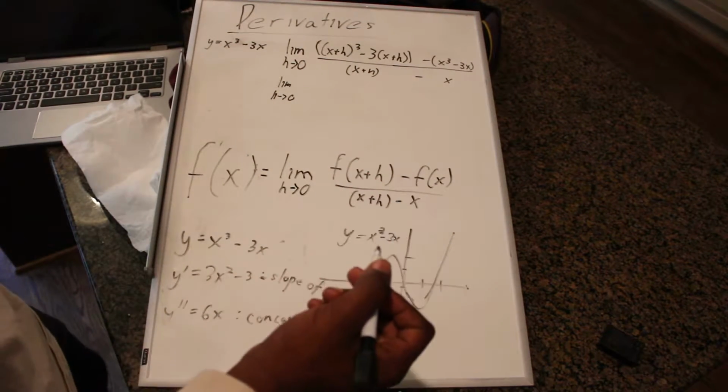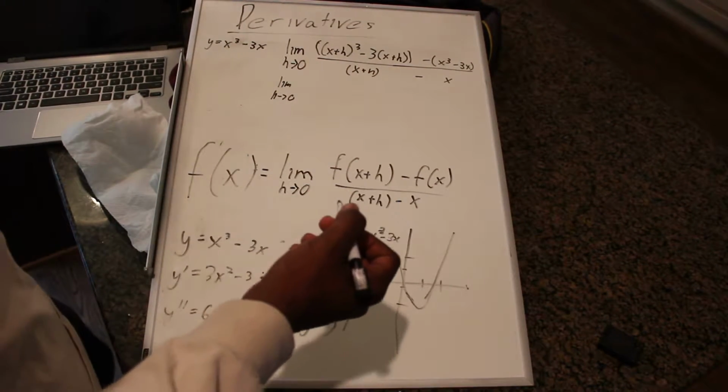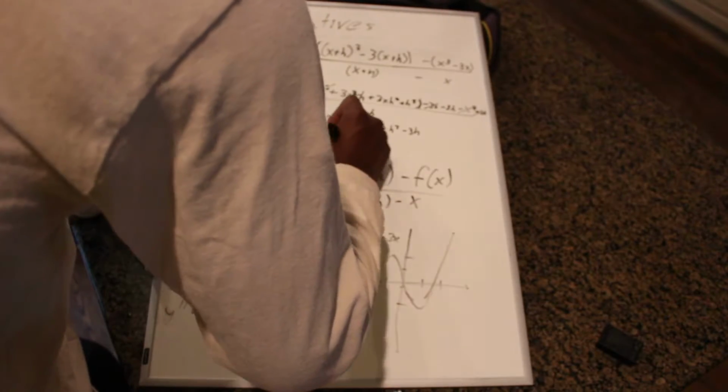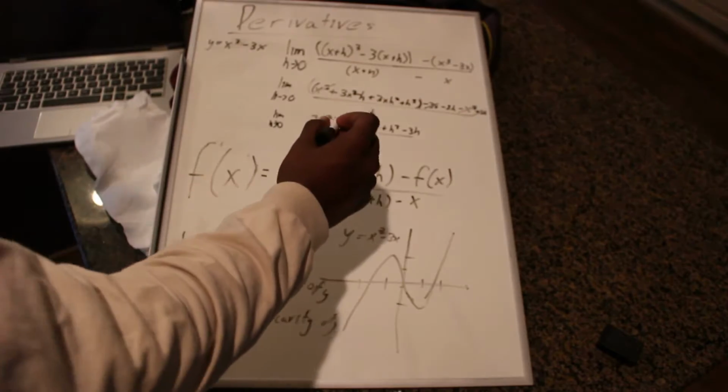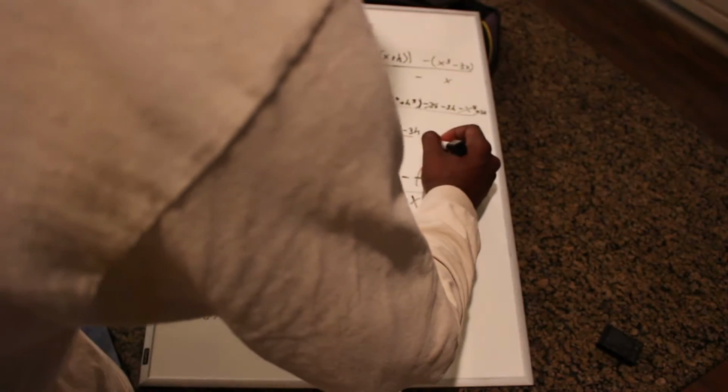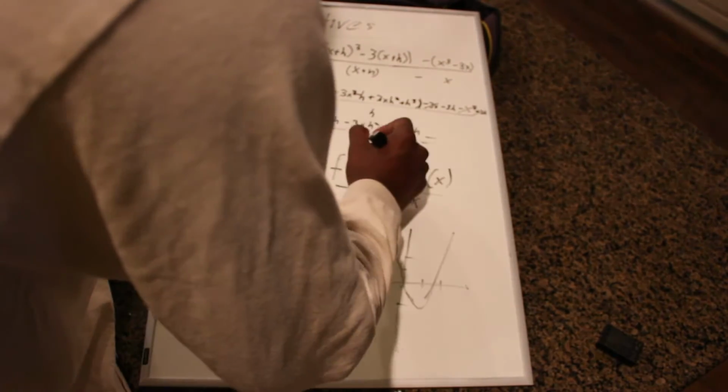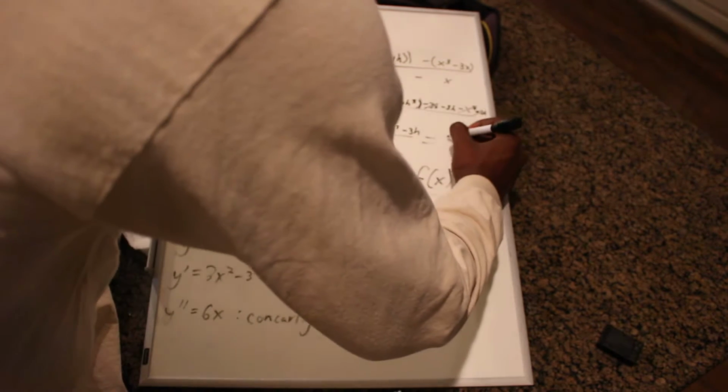Then we would start to simplify and cancel everything that we need to. So then you're just left with this, and you would simplify out the h's. They all divide.